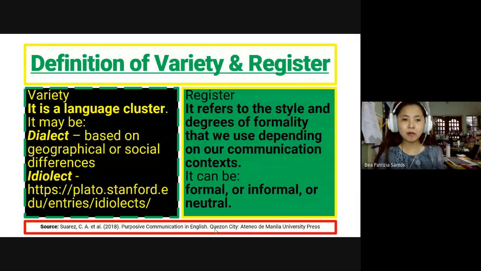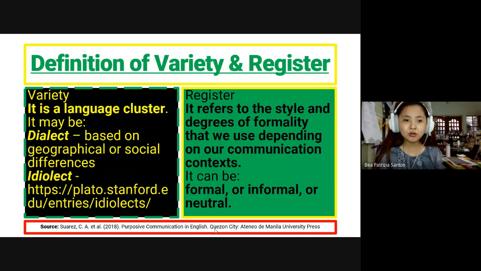Let's take, for example, Filipino is our national language. And this national language, Filipino, is based on the Tagalog language. Tagalog is the language of people from Luzon, Central or South Luzon.